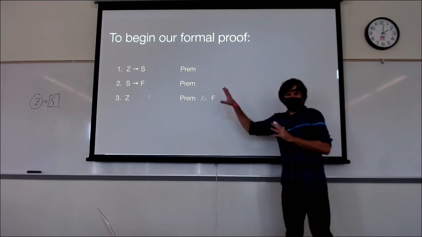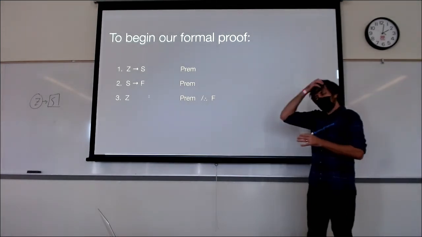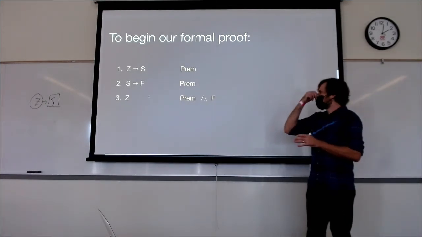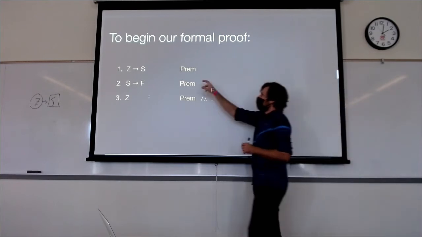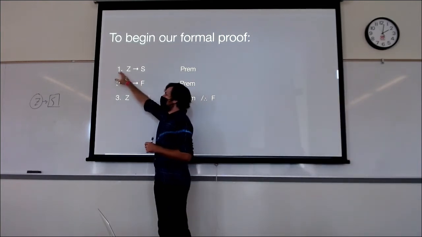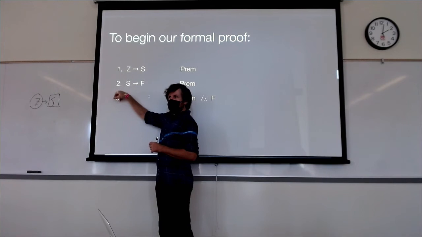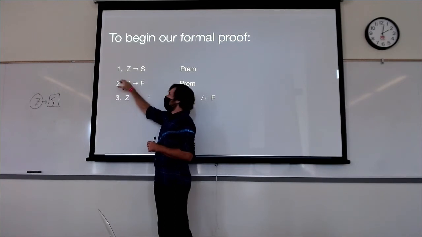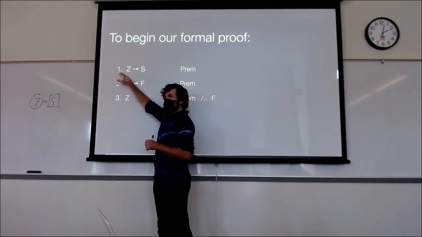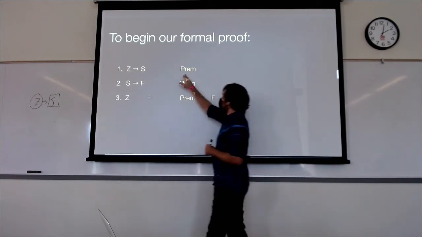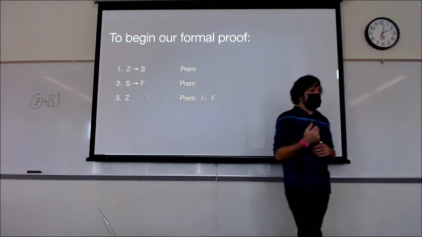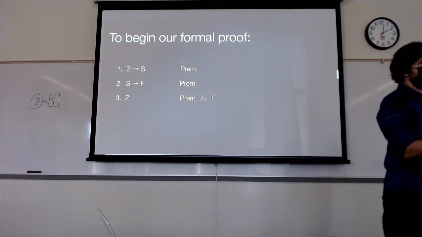I'm giving you the start of the proof. Let me read it out to you and tell you what this means. You number each of the lines in a proof. Premise 1. You begin by listing the premises. That's what prem stands for, premise.